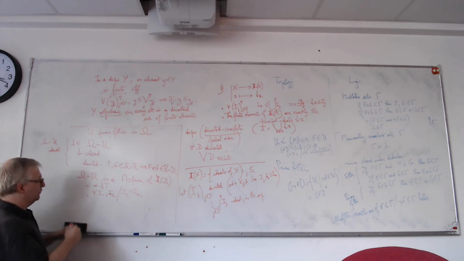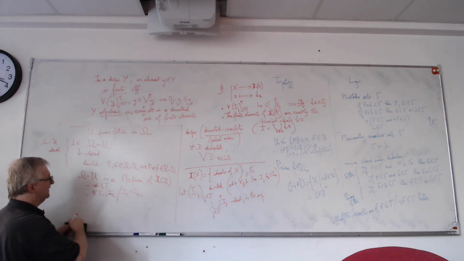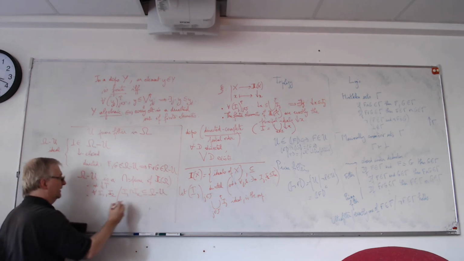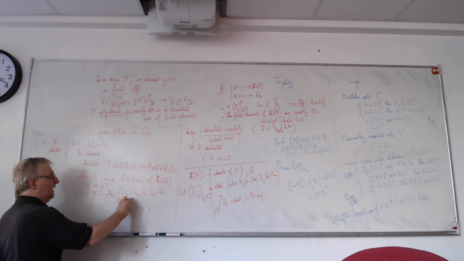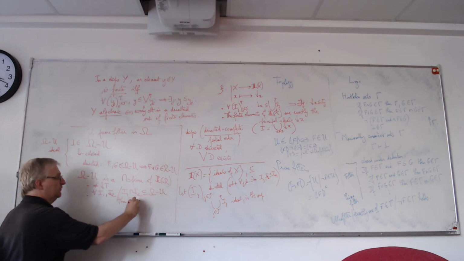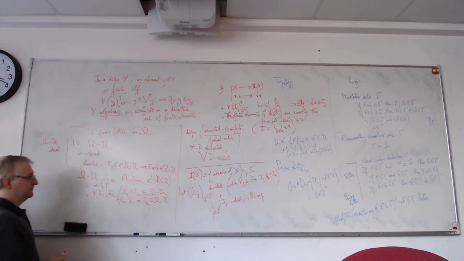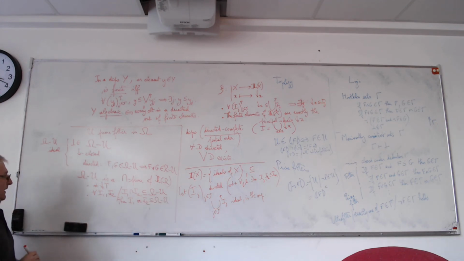And so you want to show that if that is included in omega minus u, then I1 or I2 is included in omega minus u. Okay, I hope it's true.